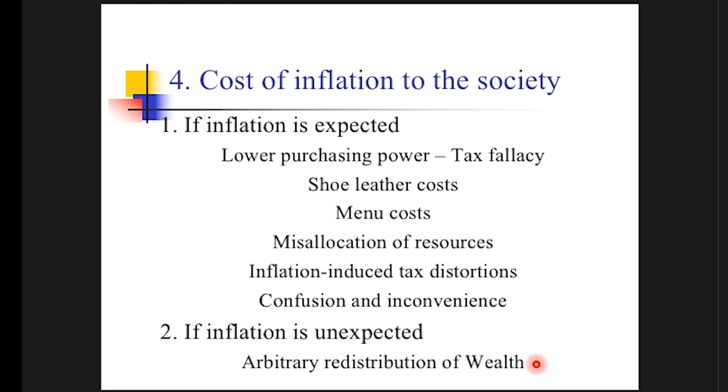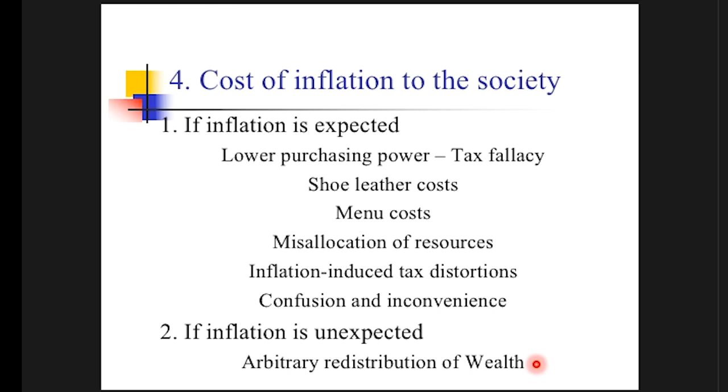If the interest rate is 7%, which is higher than the expected inflation, we still have some profit from the saving. But if actually the inflation rate is 7%, equal to the interest rate of 7%, now we have no profit from the saving.